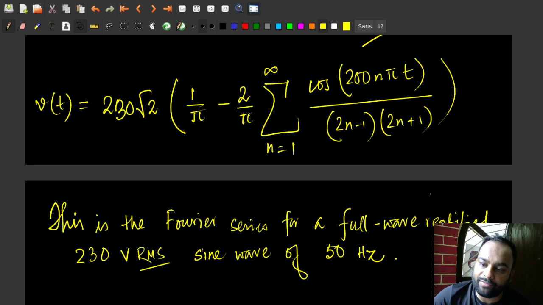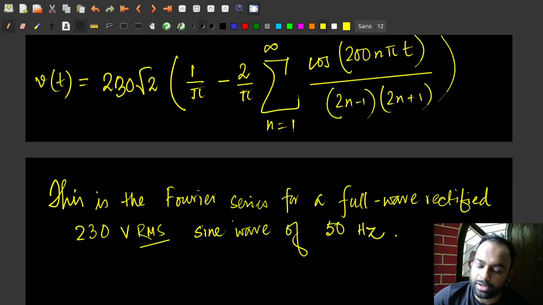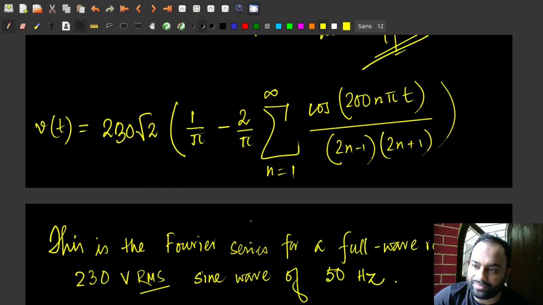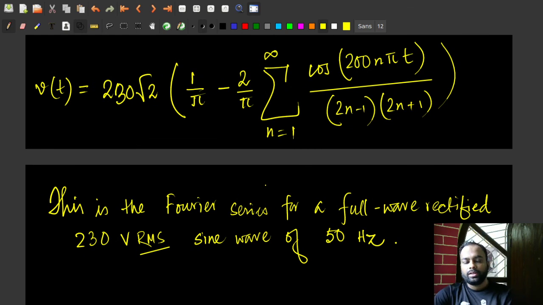When you do full wave rectification, the frequency doubles, and subsequently the value of the capital T becomes 1 by 200, and we have this expression, right?